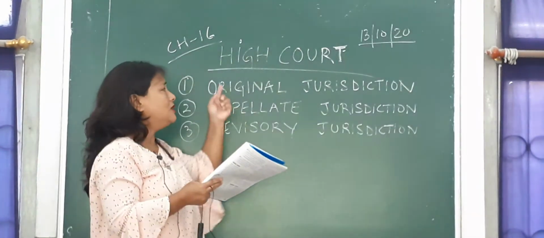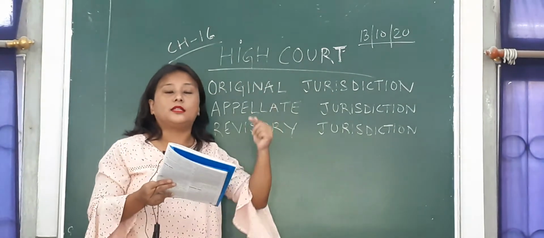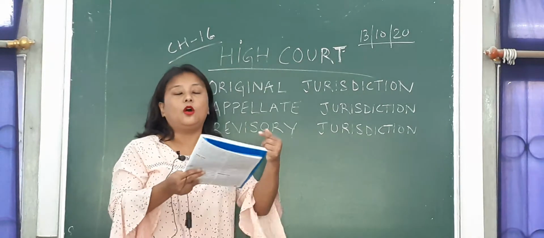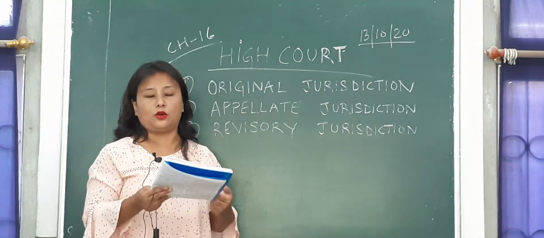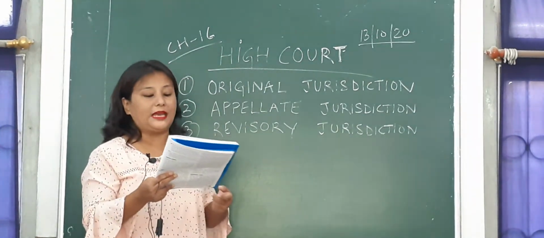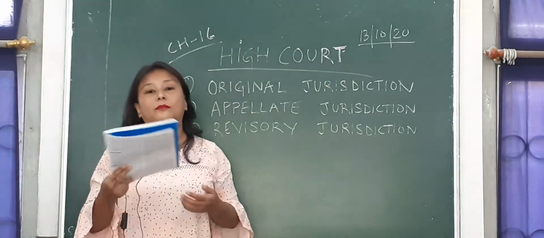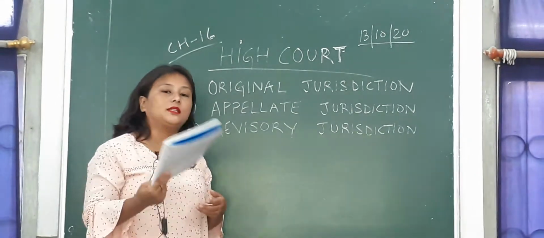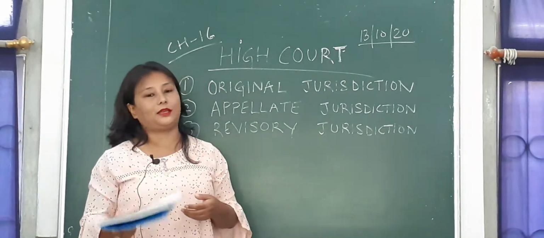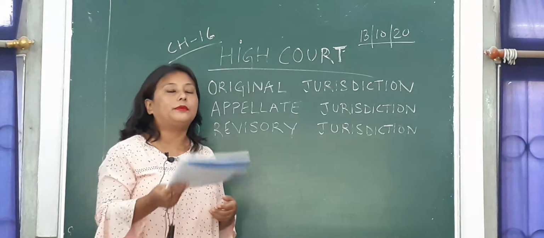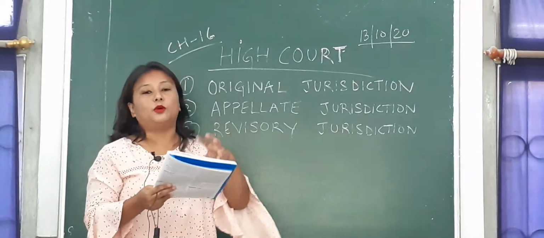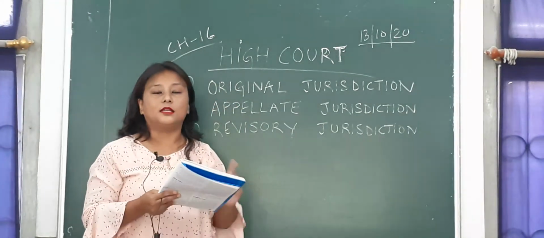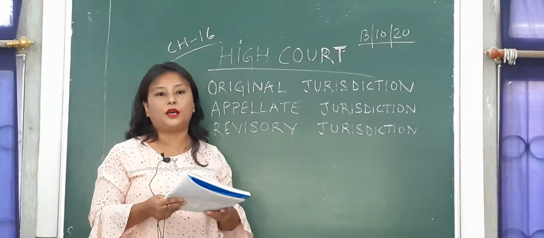Similarly here, the High Court hears the appeals made by the lower level courts, also known as the subordinate courts, because sometimes the decisions given by the subordinate courts, especially relating to civil and criminal cases, may not be satisfactory. So what do they do? They make an appeal to the High Court. And does the High Court hear or accept the appeals?